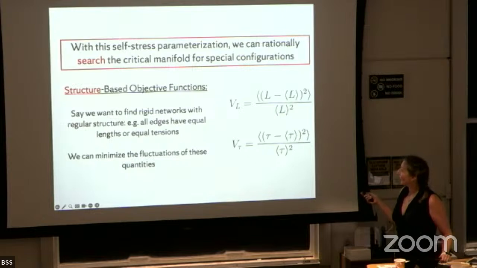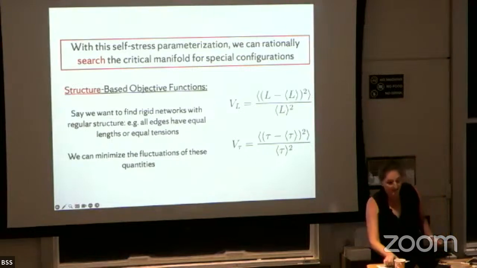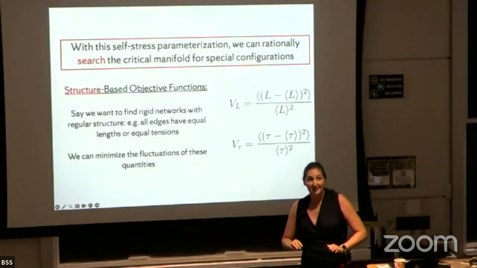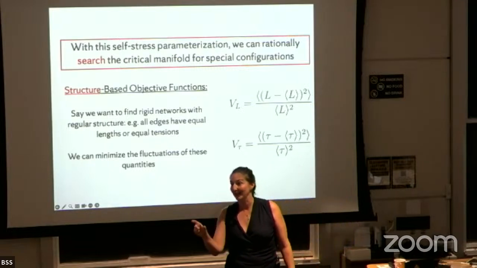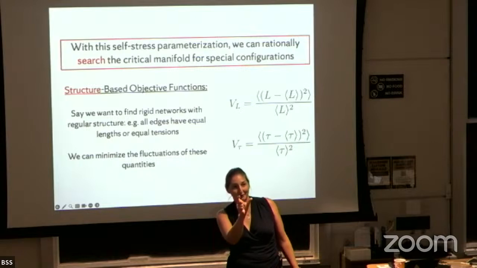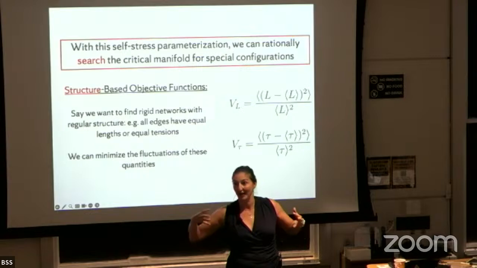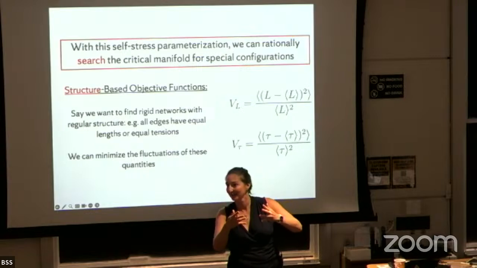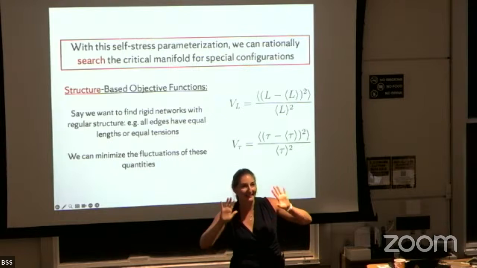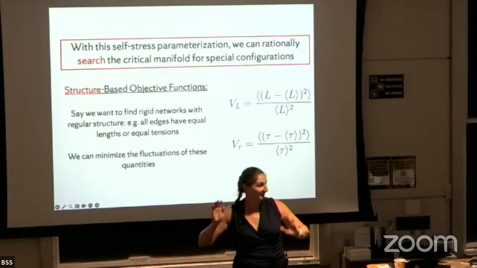One easy thing to write in terms of lengths: let's say I wanted to self-assemble a network out of units of the same length. Then I would want all of the lengths of all of my edges to be exactly the same when I formed it, and I would want it to be right at the critical point, perfectly at this susceptibility.